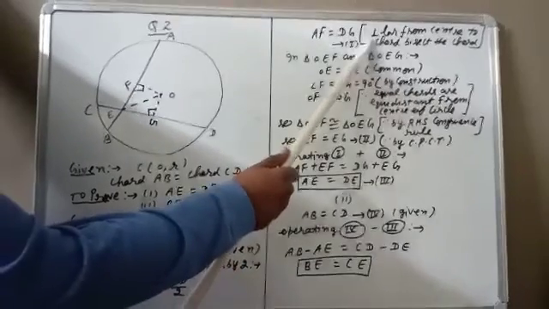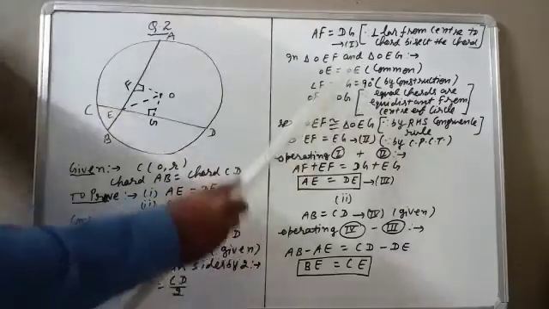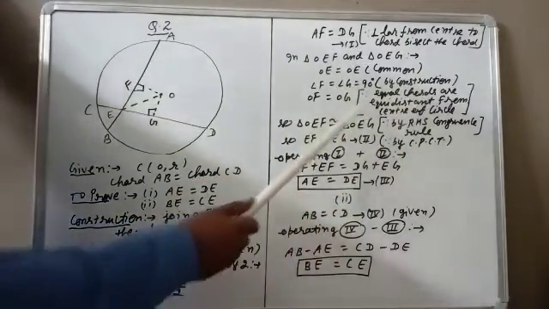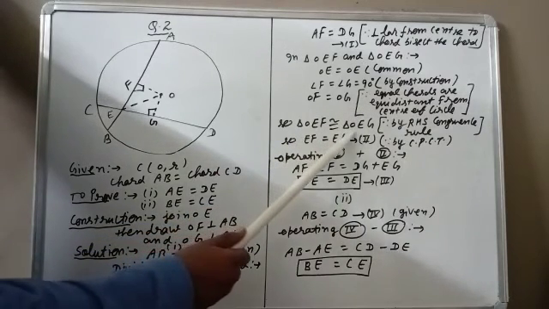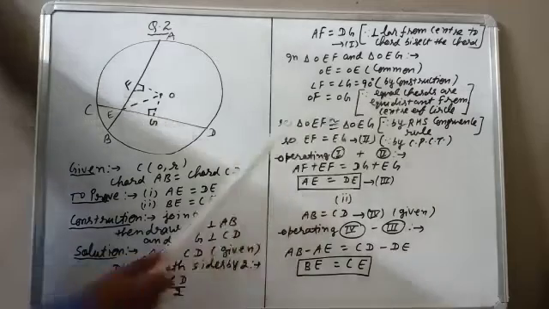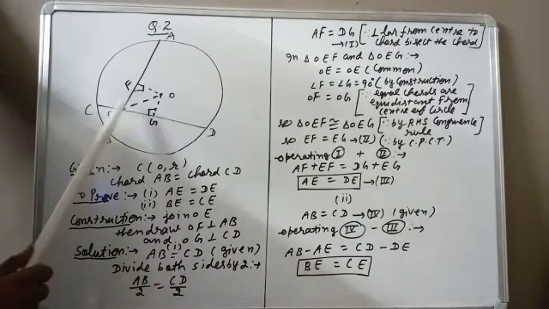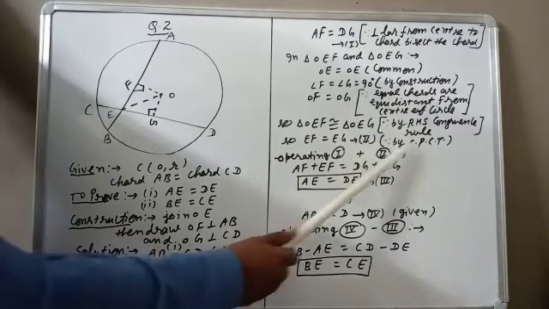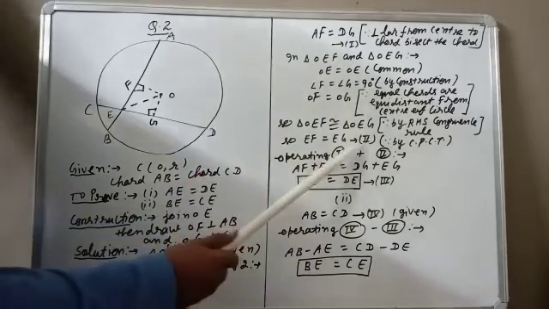This was the second result of this exercise, that equal chords are equidistant from the center of the circle. So triangle OEF is congruent to triangle OEG by the RHS congruence rule. When these two triangles are congruent, then EF will be equal to EG by CPCT. Let this be equation number second.